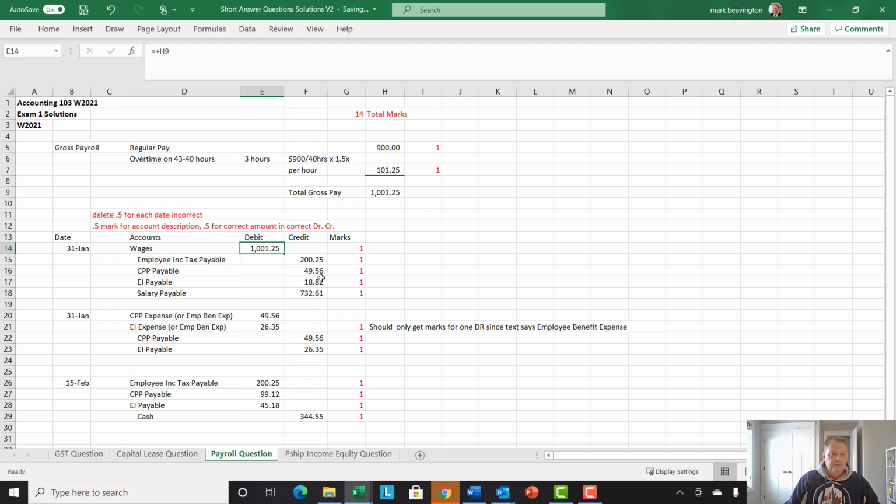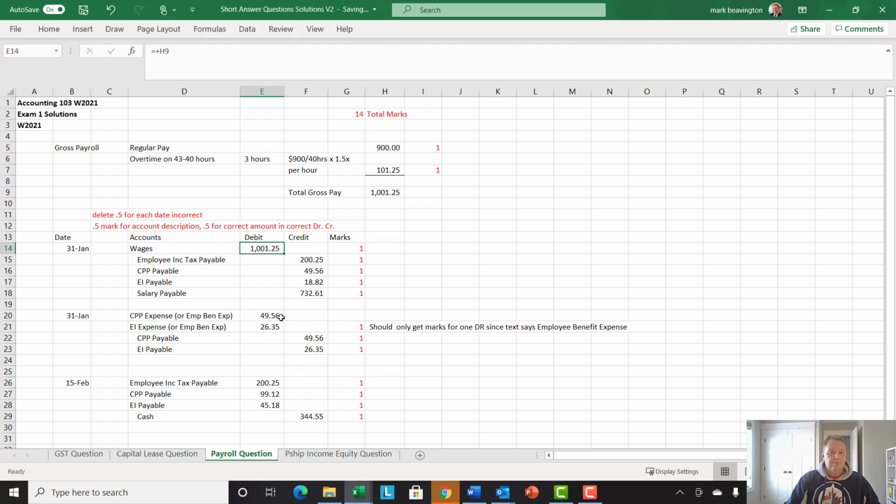Some of you skip the CPP altogether. The Canada Pension Plan exemption doesn't apply, but that doesn't mean that you don't have to calculate CPP. It just means that you don't have to take the $3,500 exemption and share it or use part of it in the calculation.